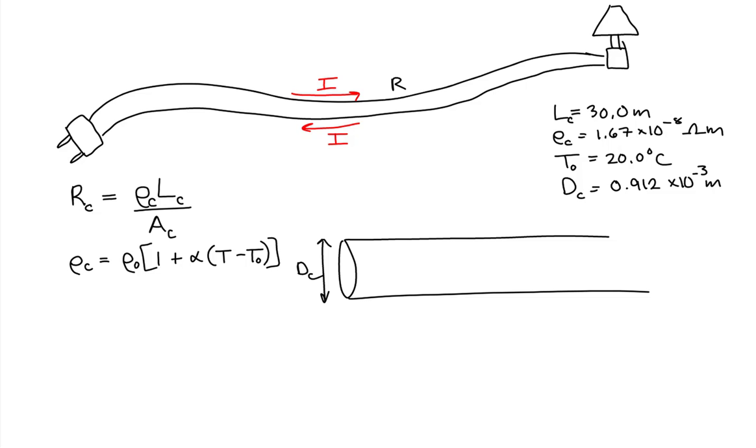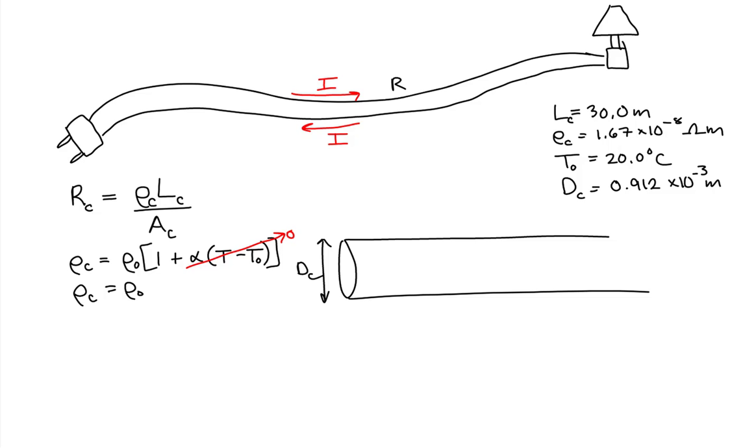Now, in this problem, the reference temperature is the temperature at which we're measuring the resistivity at. So what this means is that the resistivity of our copper wire at 20 degrees is given, and it's given as the 1.67 times 10 to the minus 8 ohm meters.